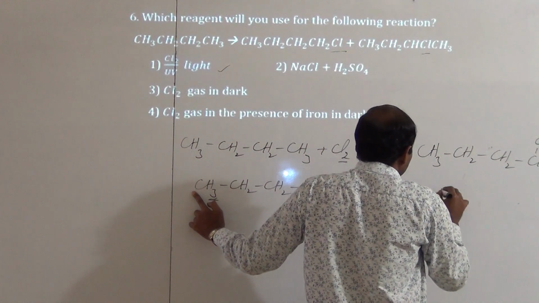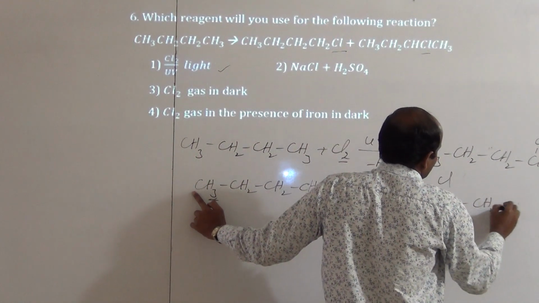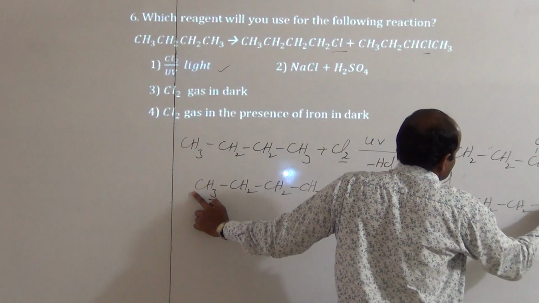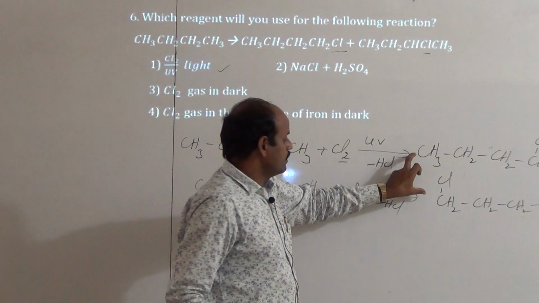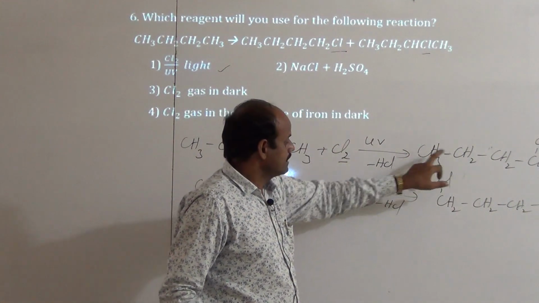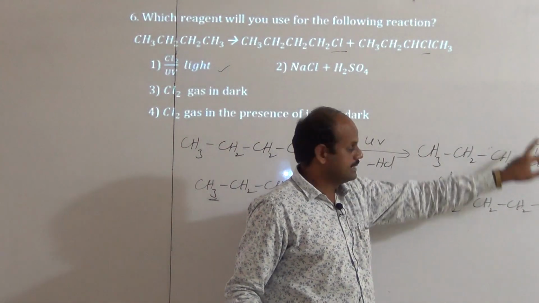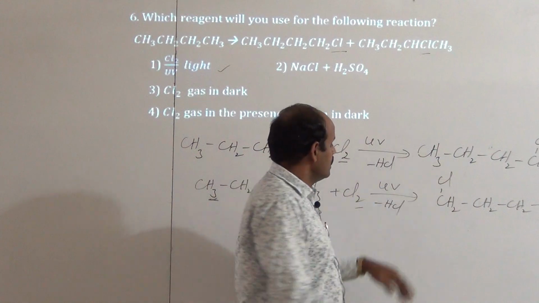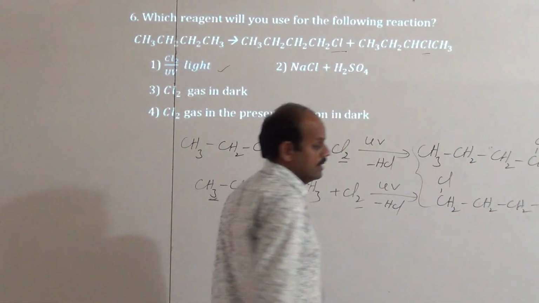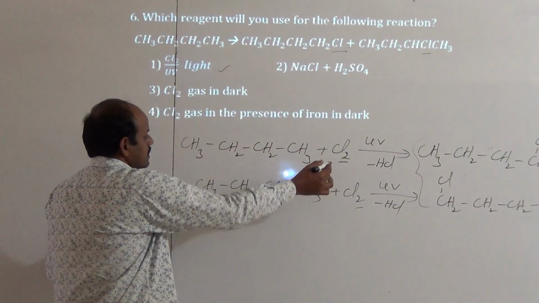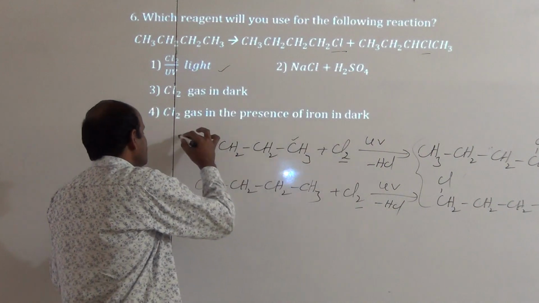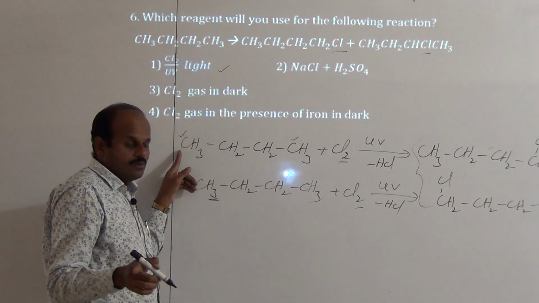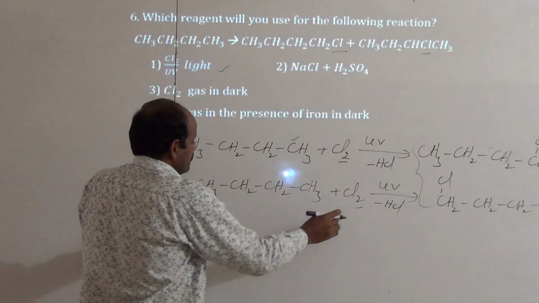Here CH2ClCH2CH2CH3. So these two compounds are the same only, no? It is nothing but CH3CH2CH2CH2Cl only. Thus these two are the same, meaning this chlorine can attack on this carbon or this carbon and gives the same compound.